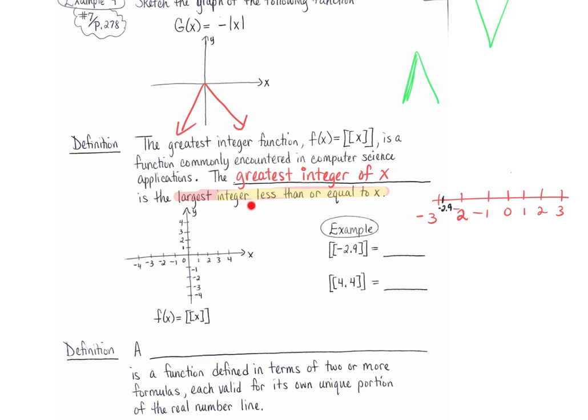What is the largest integer less than or equal to -2.9? -3. Very good. -3, because it's the largest integer that's less than -2.9. So that's -3.